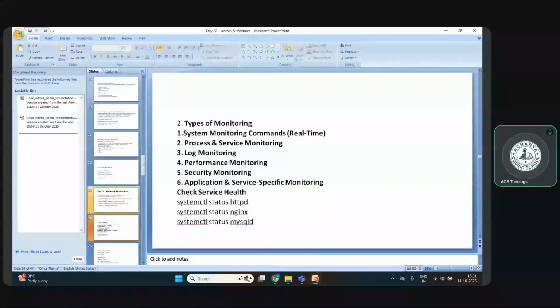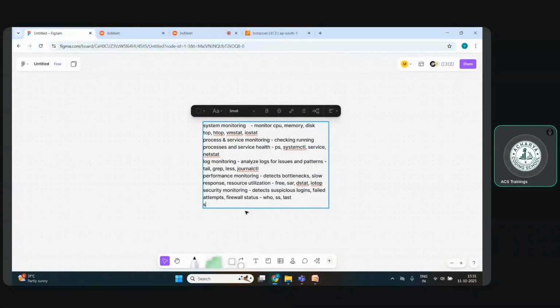And we have application and service specific monitoring as well. It mainly helps us monitor specific app health, for example the web server and database.